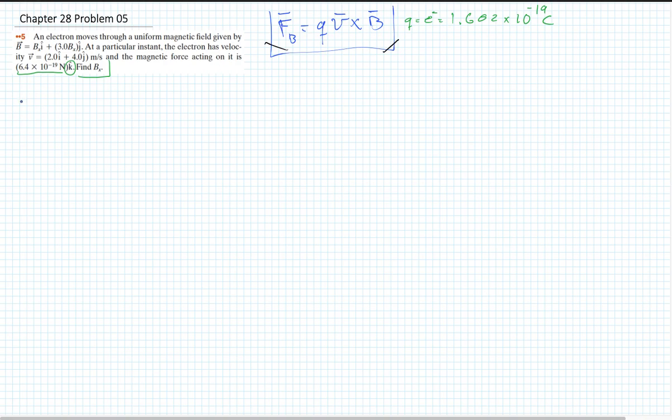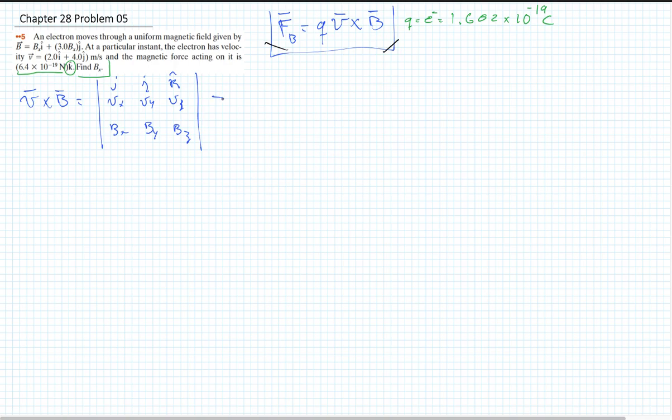If you do the matrix just for the velocity and the field, like we did for problem number 3, we have velocity x, velocity y, velocity z, and here Bx, By, and Bz.